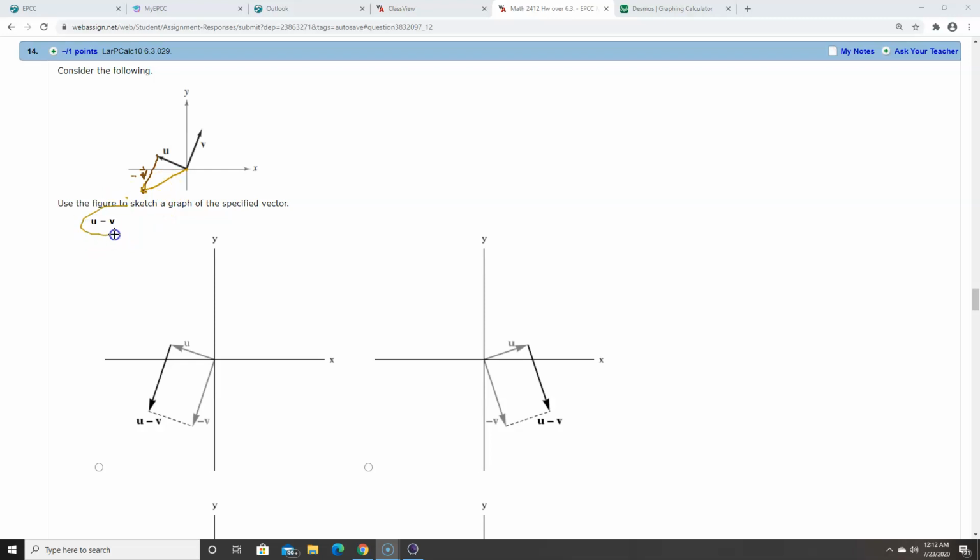So this right here is this right here. Initial point, terminal point, with the arrow that way. That's the direction of this combined u minus v. So, which one is it?